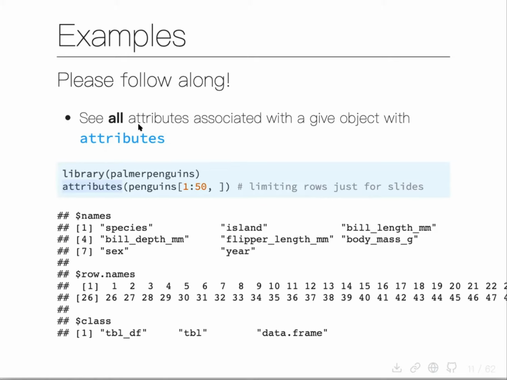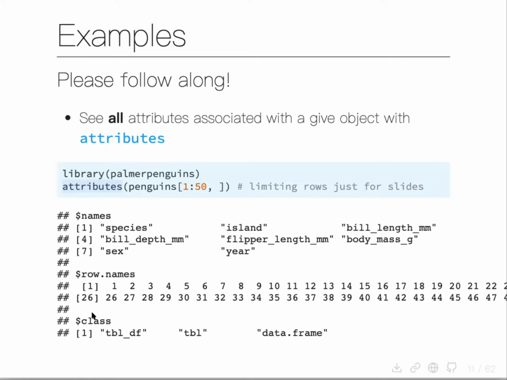Okay, and each of these attributes is an atomic vector. So the names attribute is an atomic vector, which holds the names of the columns of the data frame. So this is a character vector. The row names are just a numeric row number, 1 to n, and that's going to be an integer vector.